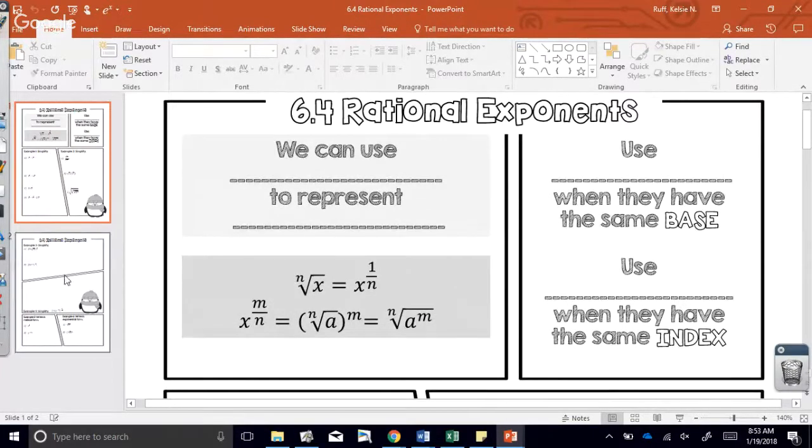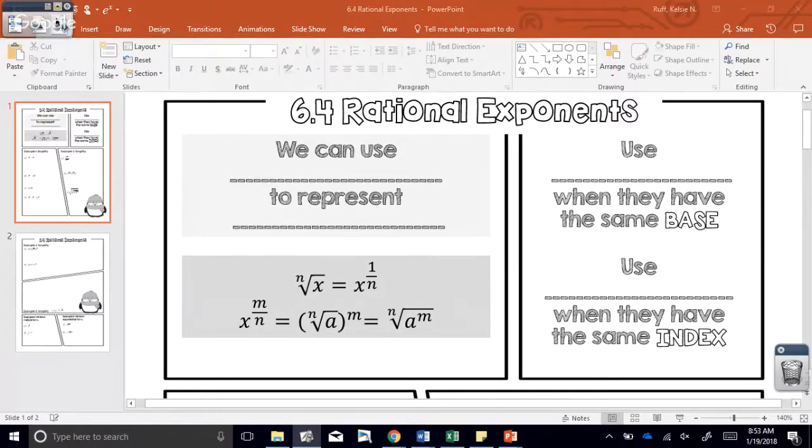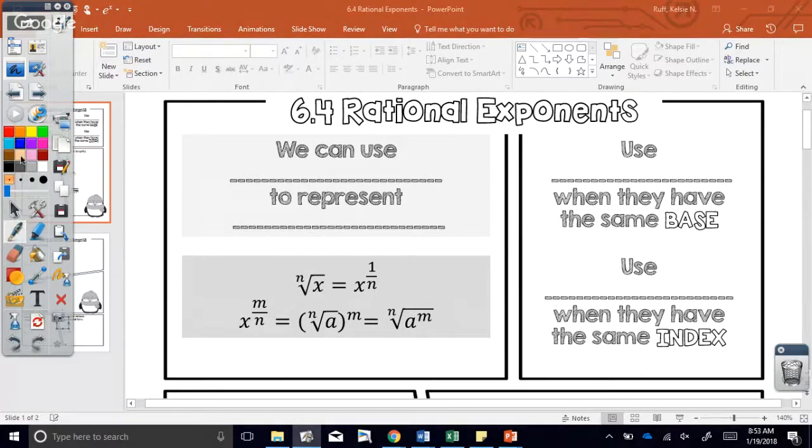Okay, so starting with the top. Up until this point, we have not been able to add or subtract radical expressions that didn't have the same index. So this is our way to get around that in just a little bit. So put in the blanks for starters.